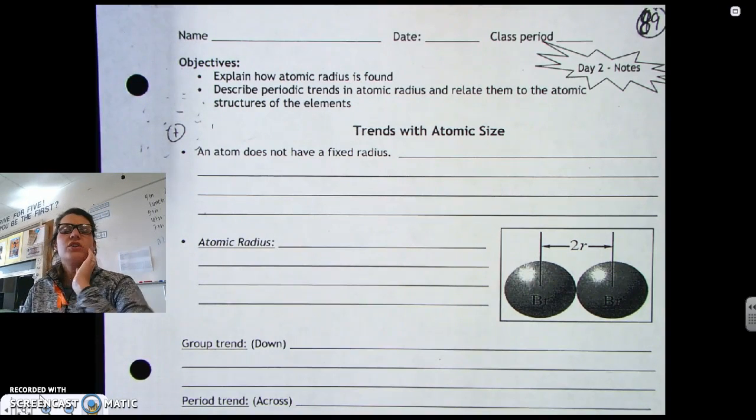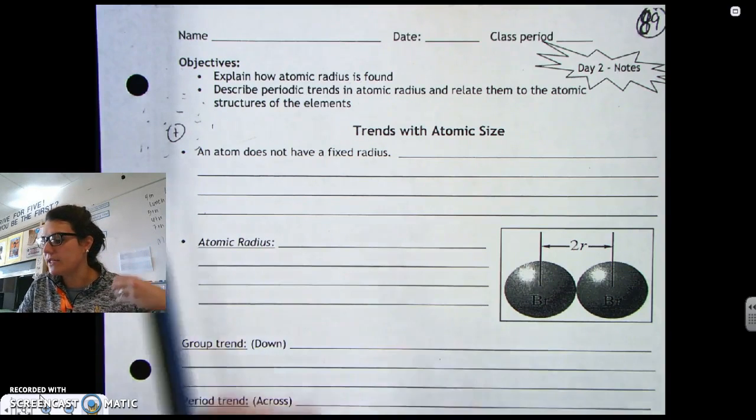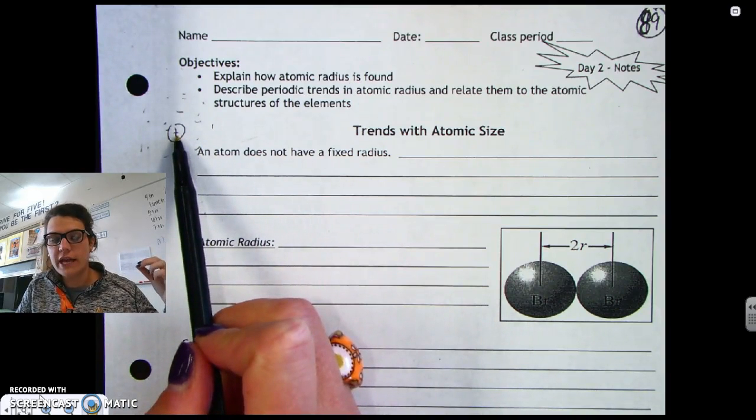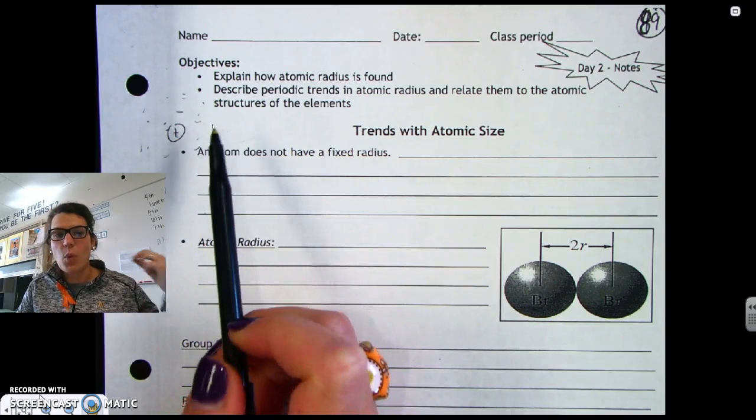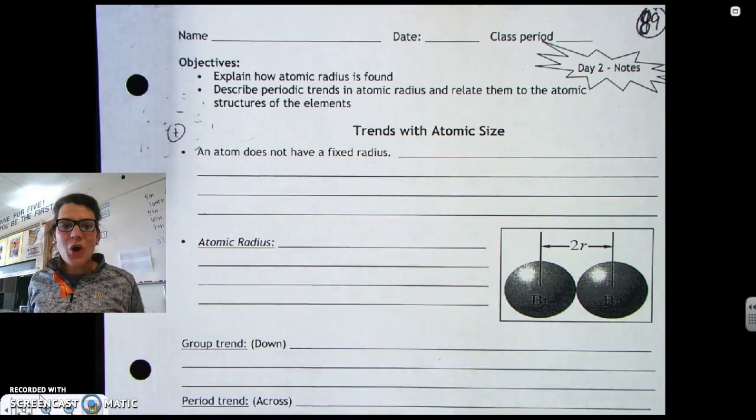Okay, so with that being said, I can't take a measuring tool from the inside of the atom in the nucleus to a fixed point on the outside of the atom. Why? Because I don't know where the outside of the atom is, because the electrons are moving so fast.